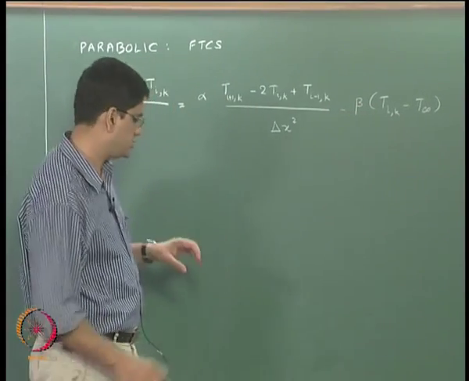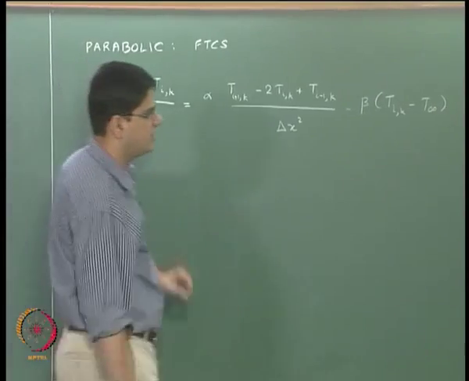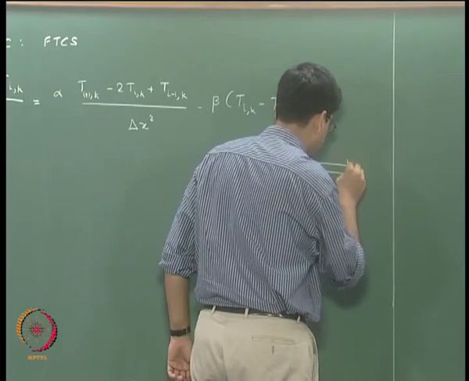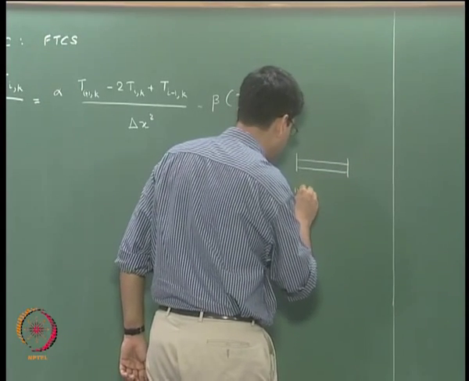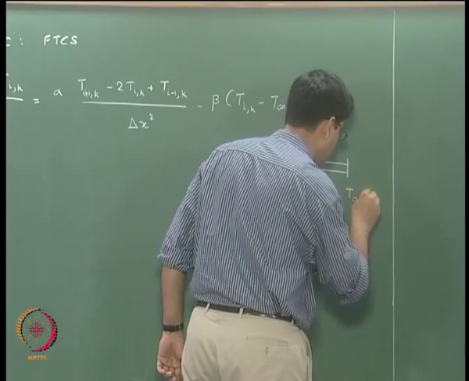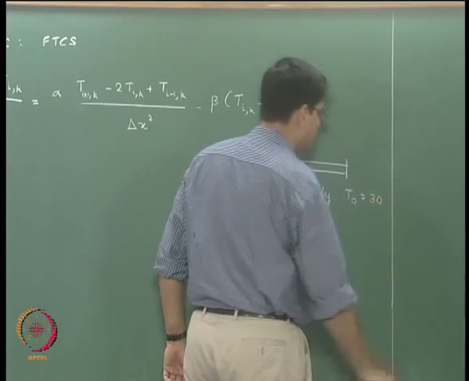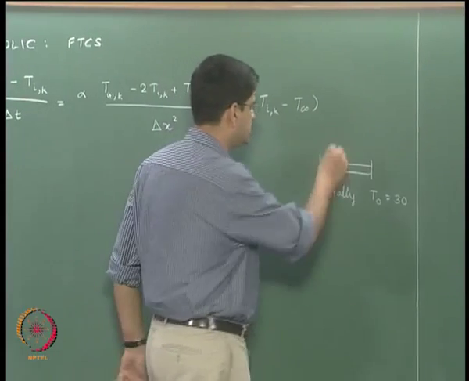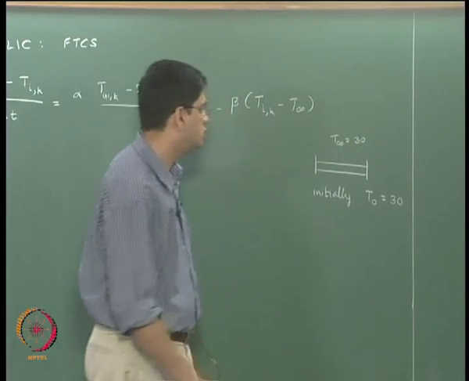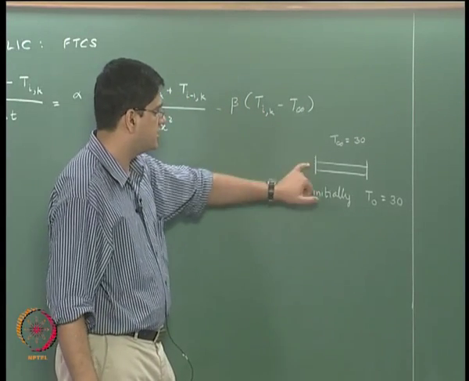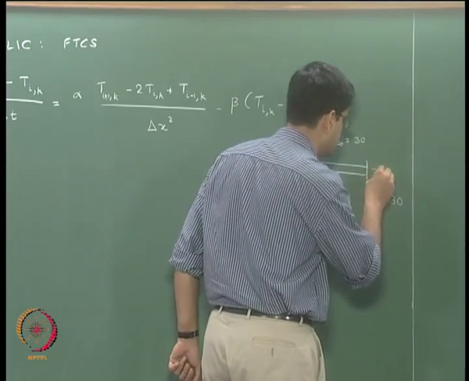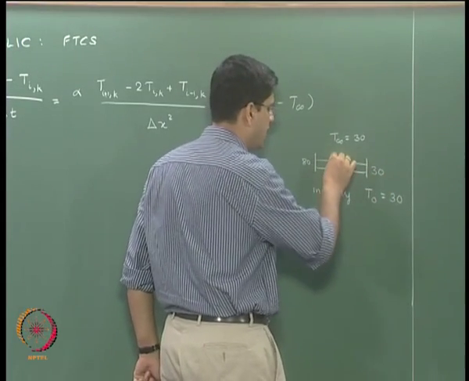So the problem that we are going to solve initially is that there is a rod, and initially the rod is at room temperature, and the ambient, that is T infinity, is also at 30 degrees, okay. This end we will say is kept at 80 degrees, and this end is kept at 30 degrees.